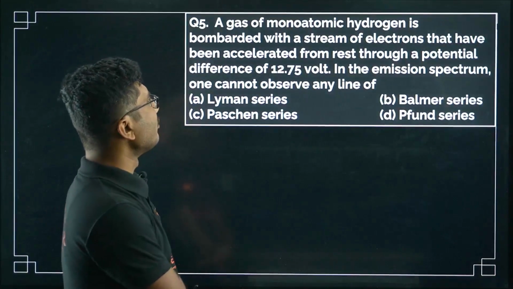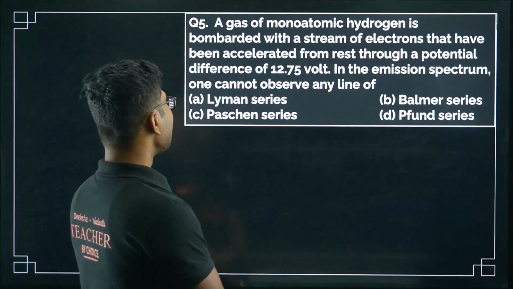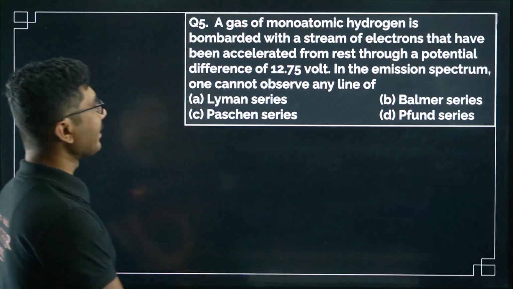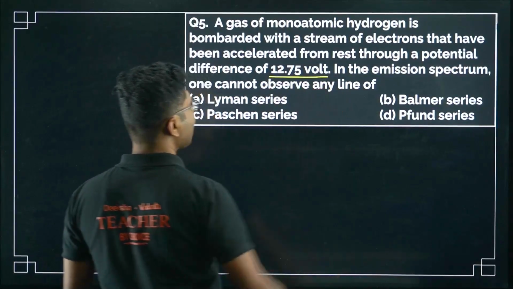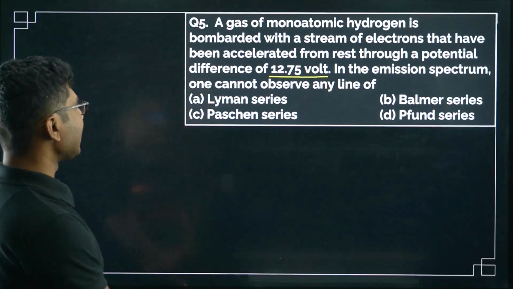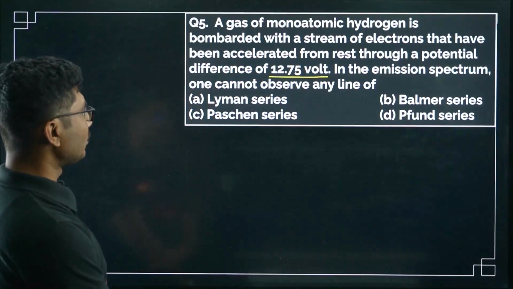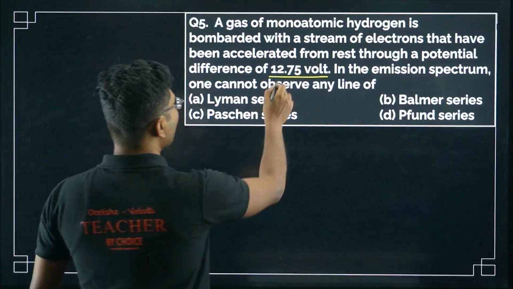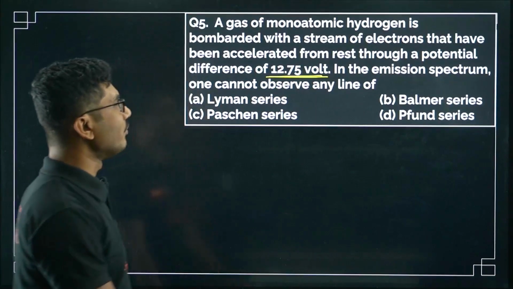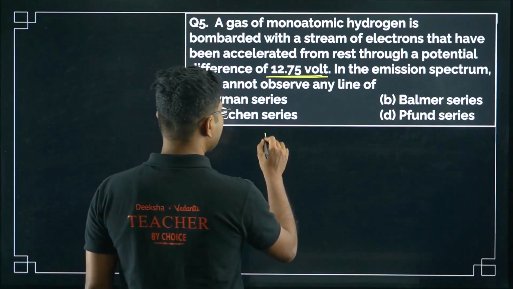A gas of monoatomic hydrogen is bombarded with a stream of electrons that have been accelerated from rest through a potential difference of 12.75 volt. The emission spectrum one cannot observe in any line of which series? The energy is 12.75 volt, and E is equal to h nu.